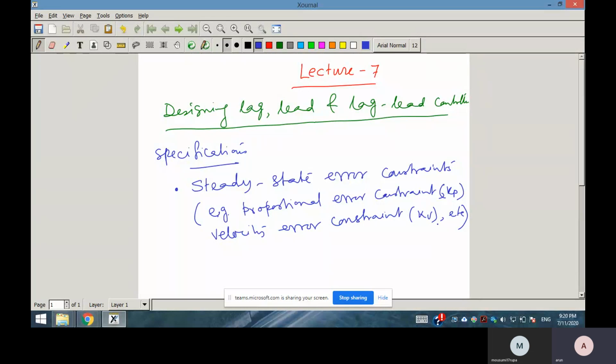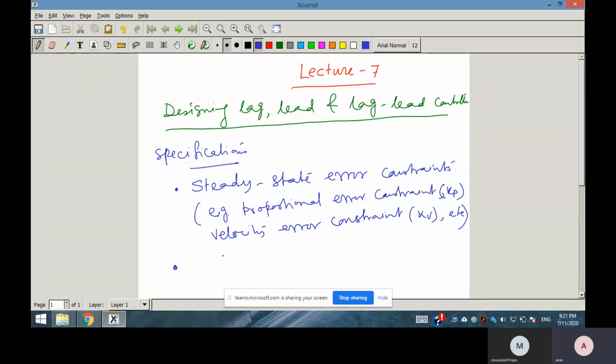Kp is a measure of steady state error with respect to step input. Kv is a measure of steady state error with respect to ramp input. Step and ramp inputs are very common in control system design.